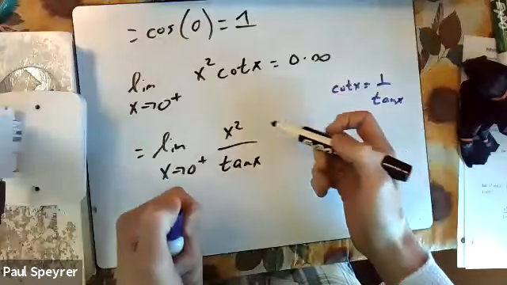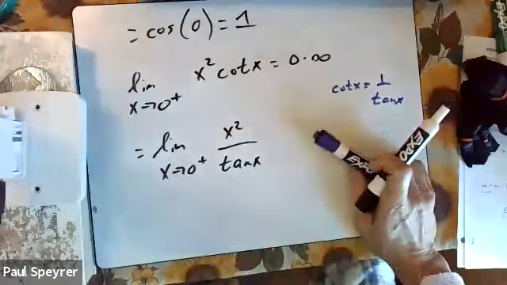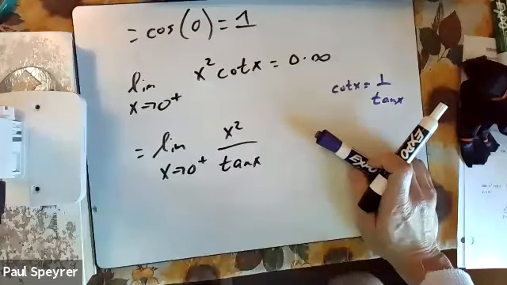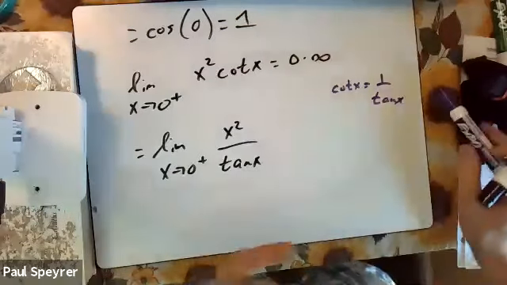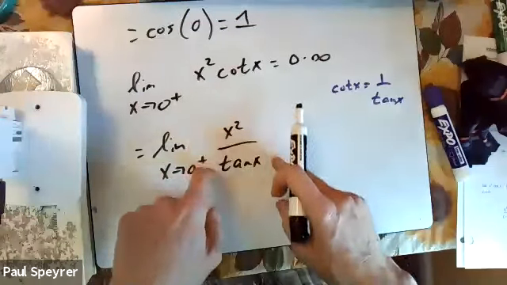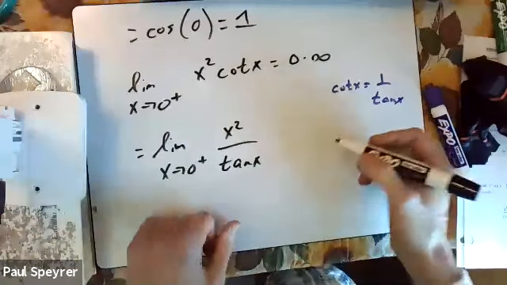You could say cotangent of x over 1 over x squared, and you could L'Hopital it, and you should get the same result, okay? It's just the derivative is going to be a little more complicated to take. And in this instance, we would only have one fraction instead of a fraction over a fraction.